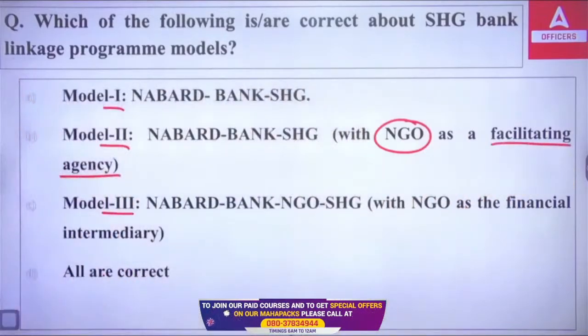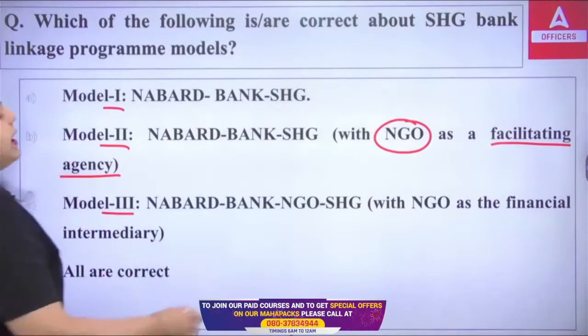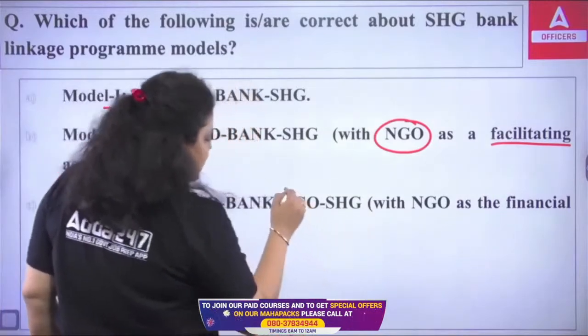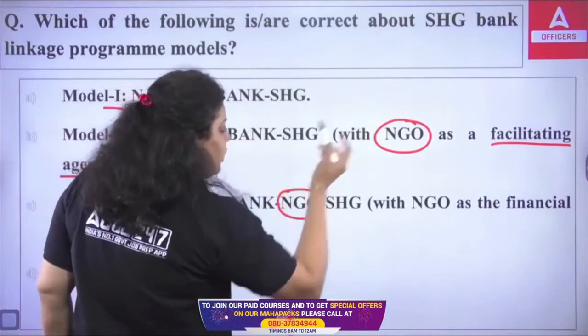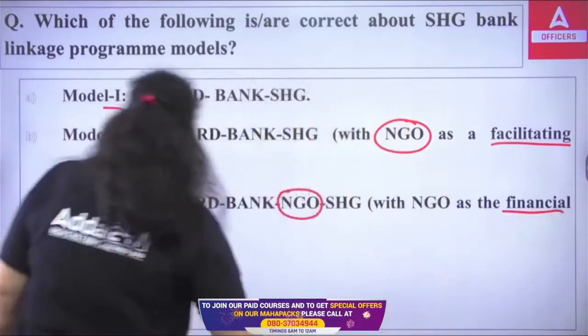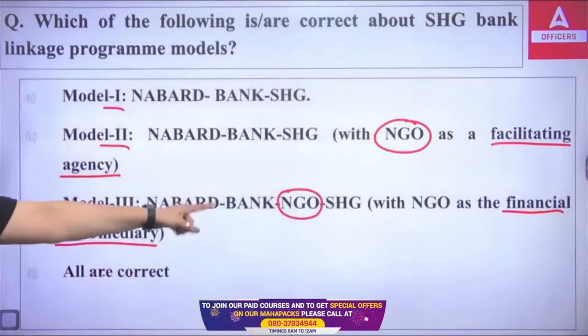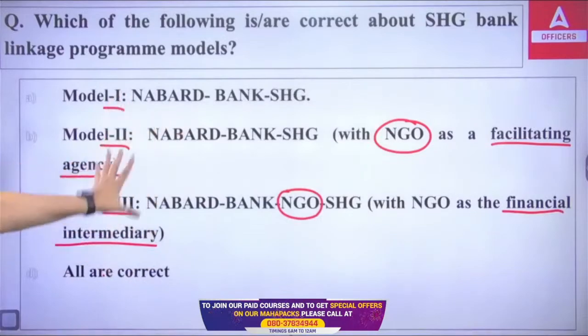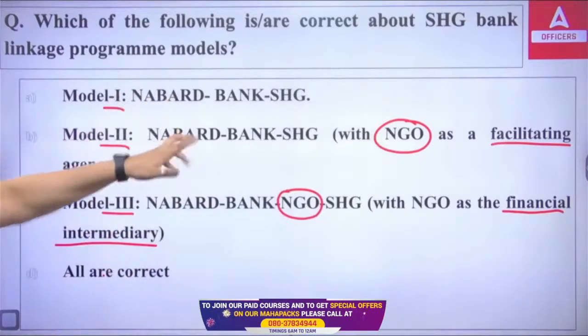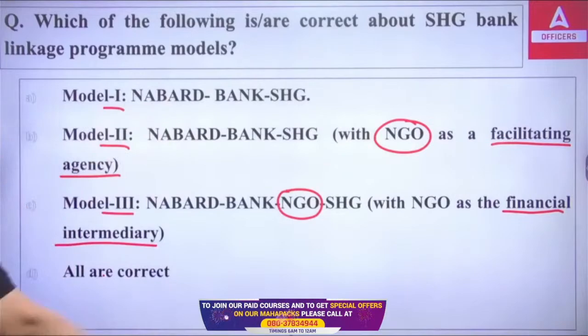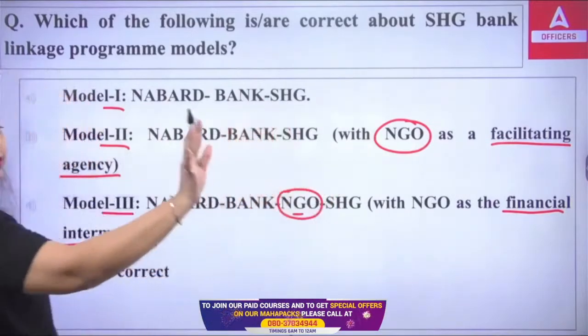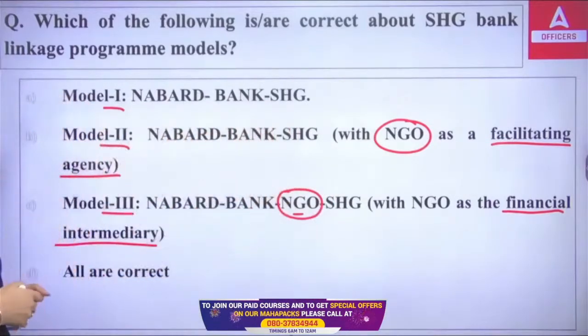Model 3 says NABARD, bank, NGO, self-help group. Here the NGO will be involved as the financial intermediary. So here the NGO is not only a facilitating agency, it is working as a financial intermediary.